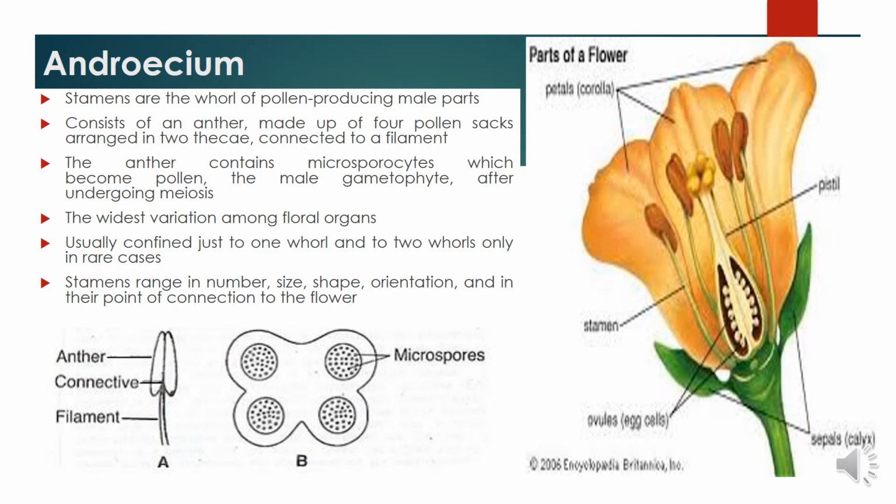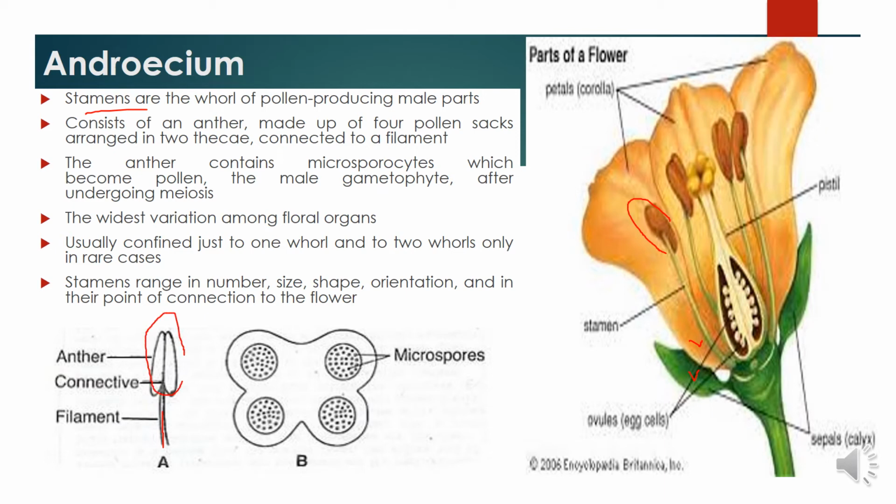Next is the androecium, the third layer from the outside, after the sepals and petals. It consists of the stamens, which basically consist of a filament and an anther sac.